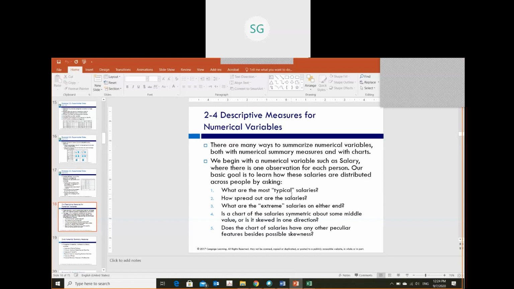Spread of the salary is about the variance of the data, extreme values or maximum and minimum, and also the shape of the distribution. We want to see whether our data or its distribution is symmetric or asymmetric.